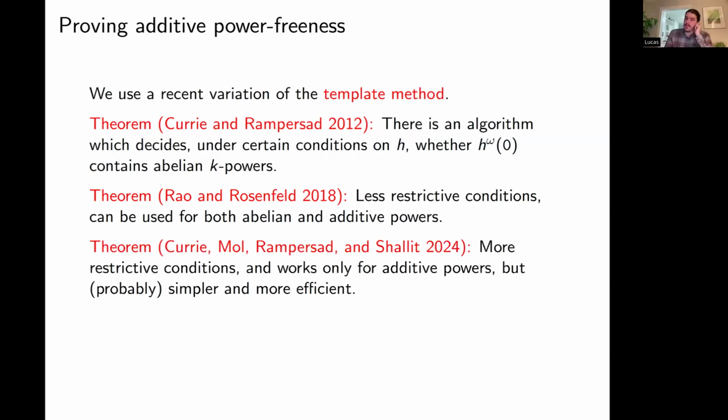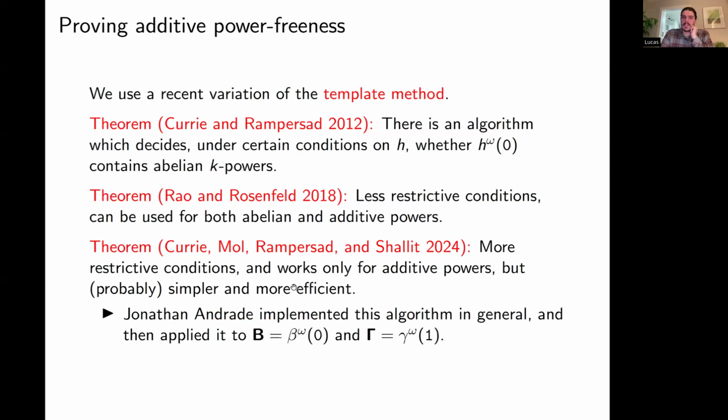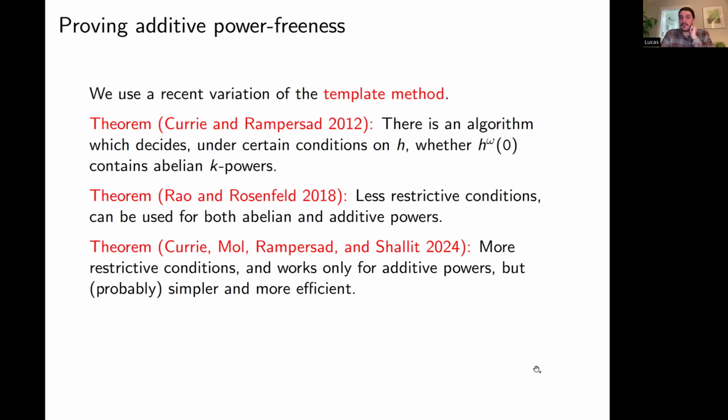The version of the template method that Jonathan and I used was a recent variation due to James, Nevo, Jeff, and myself. It has much more restrictive conditions, and it works only for additive powers, but at least what we found was that it's probably more efficient.